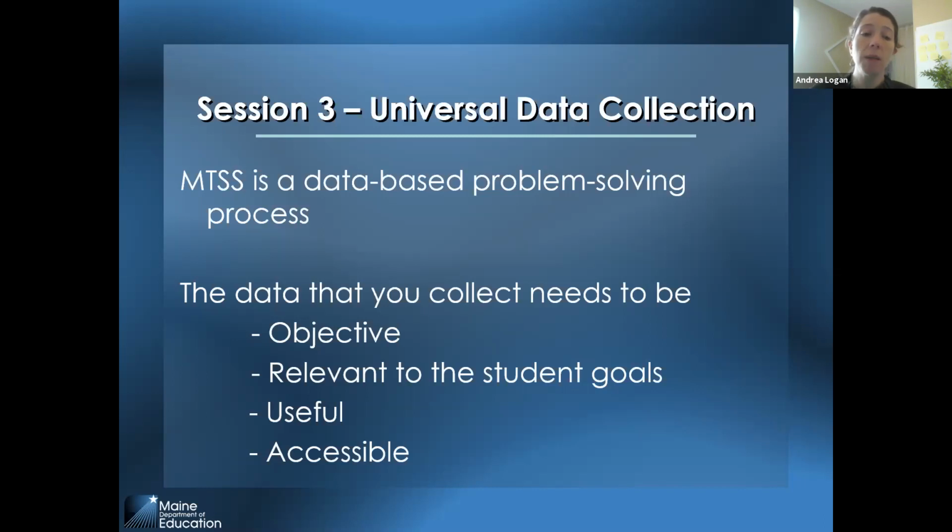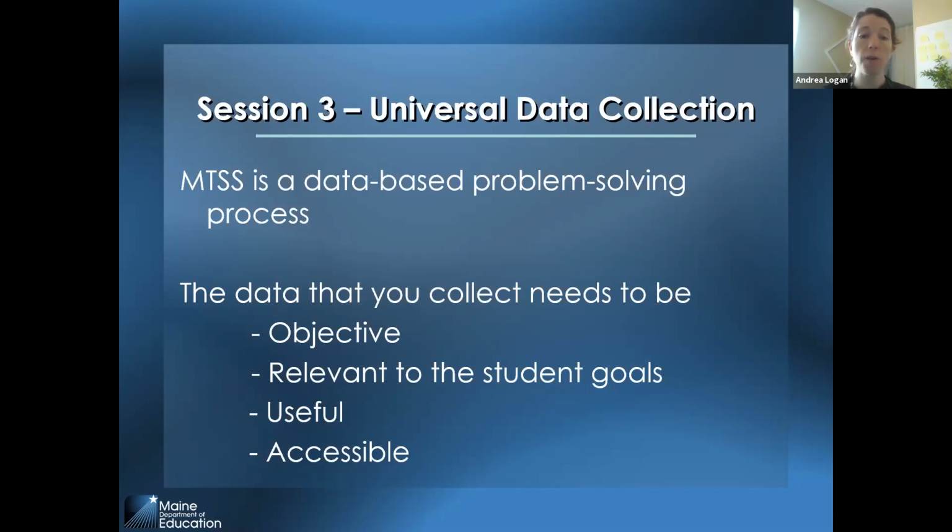Ultimately, the data that you collect needs to be objective, relevant to student goals, useful, and accessible. So objective, relevant to student goals, useful, and accessible.